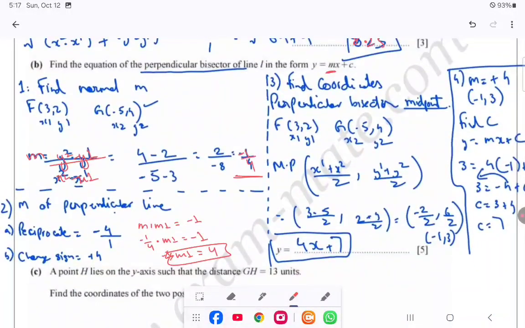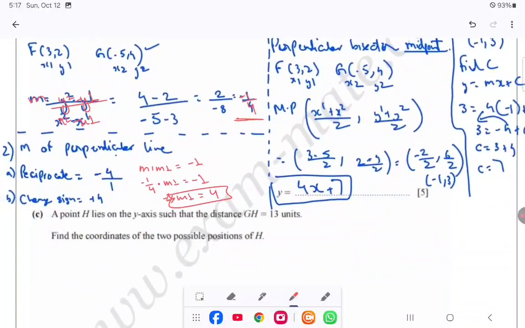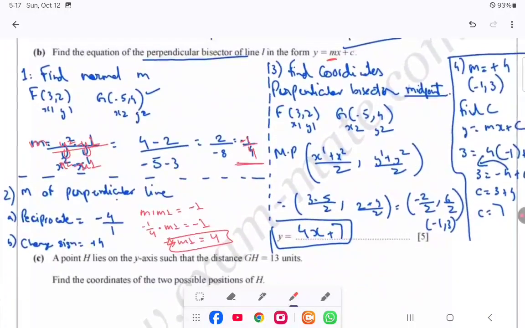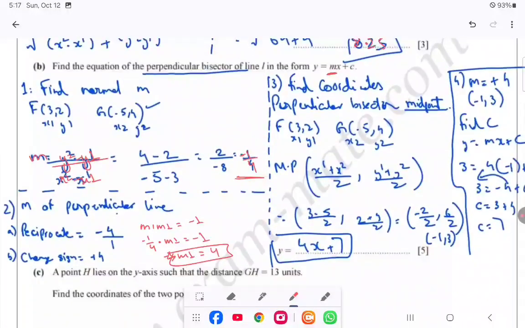Now what we have to do is calculate the value of c, and we have to know the value of the point which is bisecting the line. In order to get the point, we can simply apply the midpoint formula. If this is the line F and G, and this is another line which is bisecting the line GF, this is the midpoint.